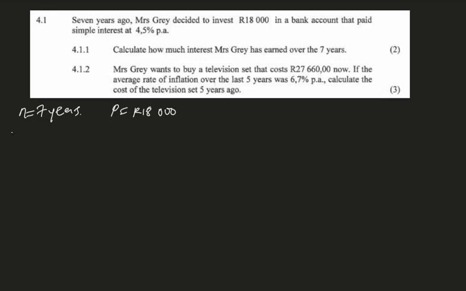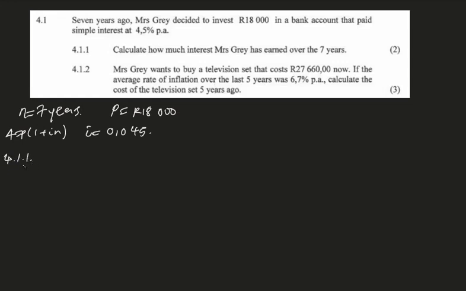Listen to that, simple interest, which means we use the simple interest formula. They're saying the simple interest of 4.5% per annum, which means our i, the interest rate of 4.5% per annum, is going to be a decimal of 0.045.